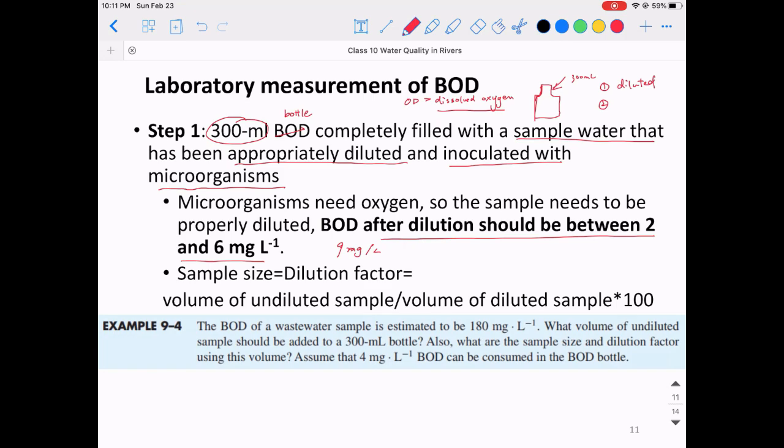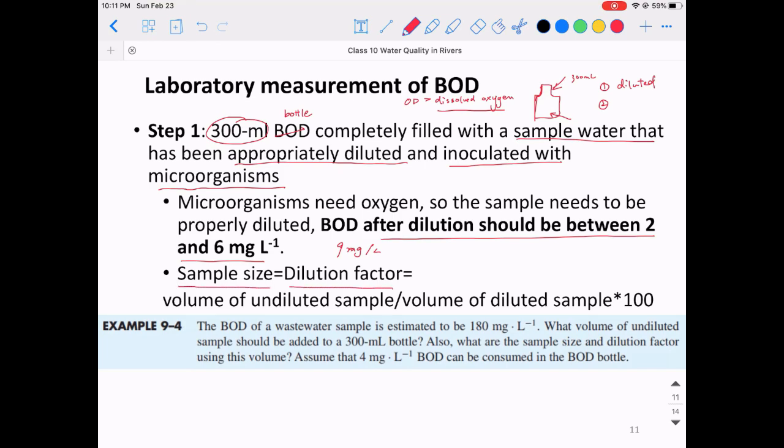And also, it has to be inoculated with the microorganisms. This is quite easy to think about, right? Because we need to make sure that there are enough organisms in the bottle to conduct this oxidation process.